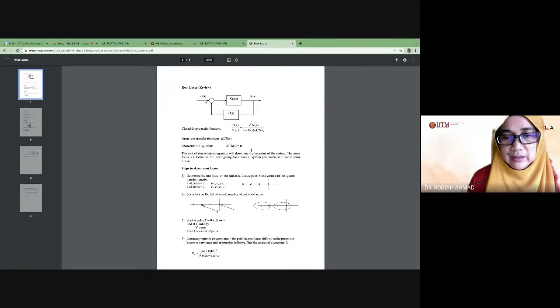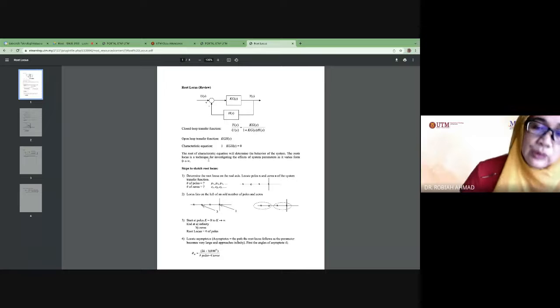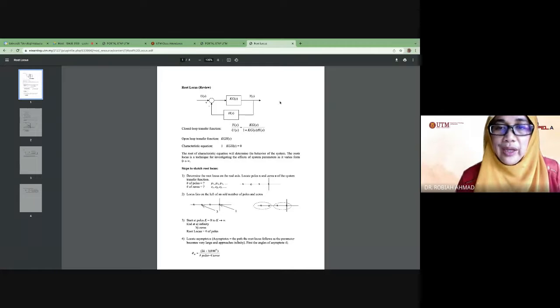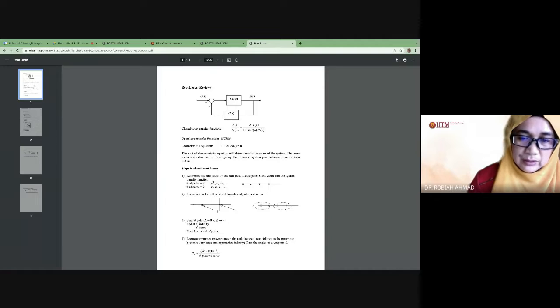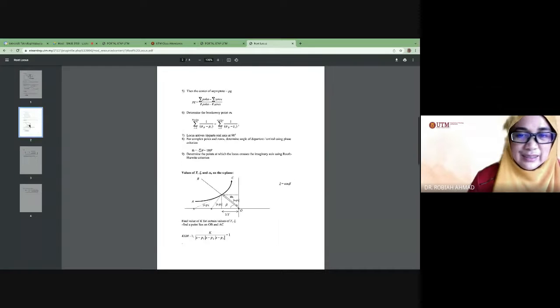These three things you have to understand. In order to draw, let's say we have a system like this, we want to sketch the root locus of the system. So we know what happens when K varies from 0 to a certain point. These are the steps. I have basically 9 steps.